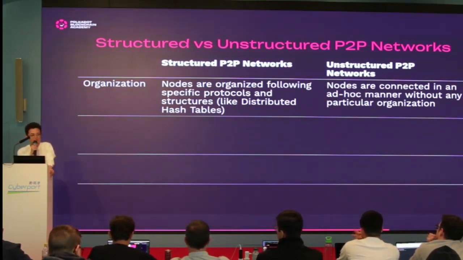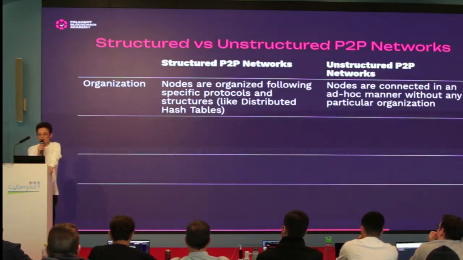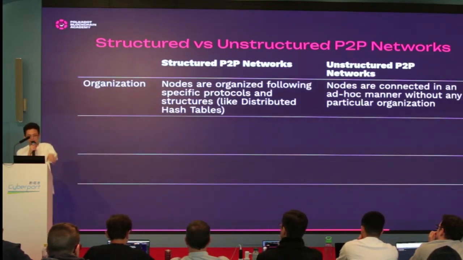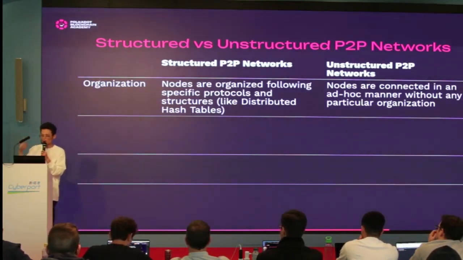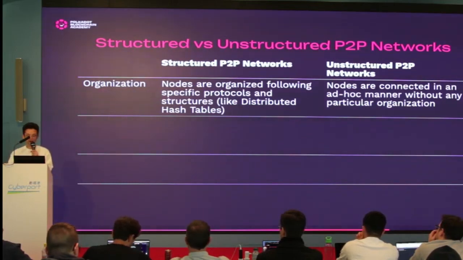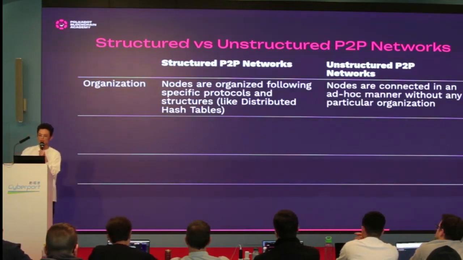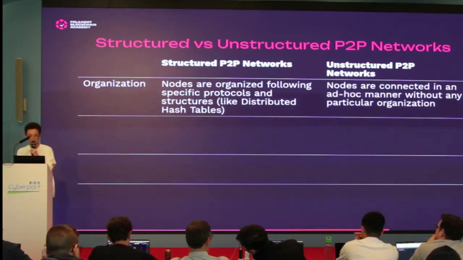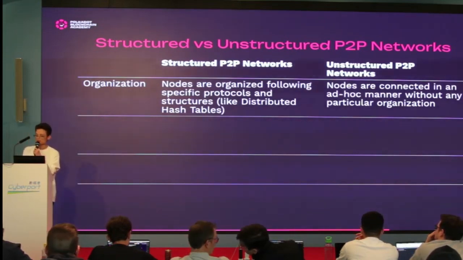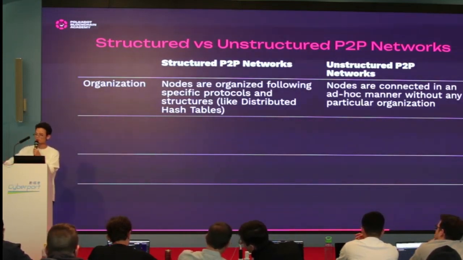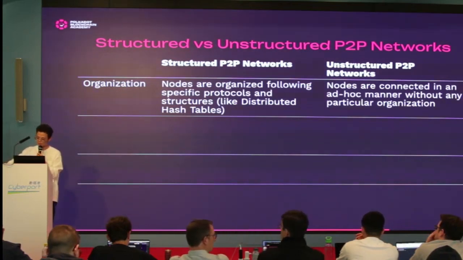Why we say it is ad hoc is another concept in computer networks. I think it originates from the wireless sensor network. Wireless sensors can connect to the network from time to time, and they may leave from time to time. The wireless sensor network demands such an unstructured peer-to-peer network for data dissemination.